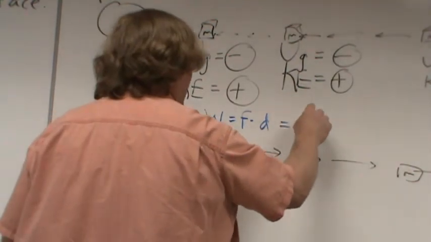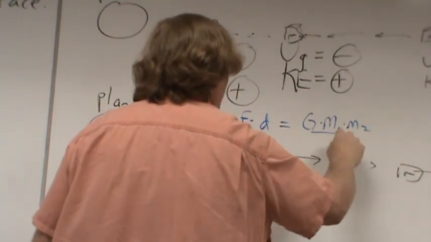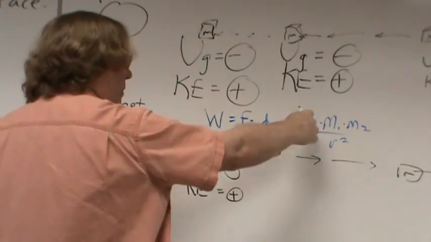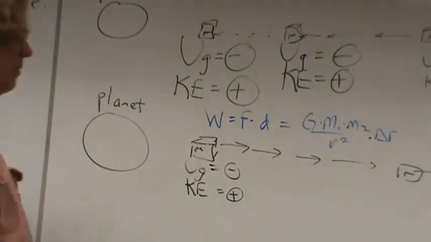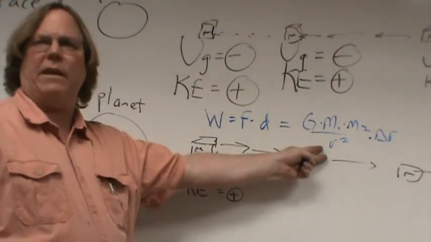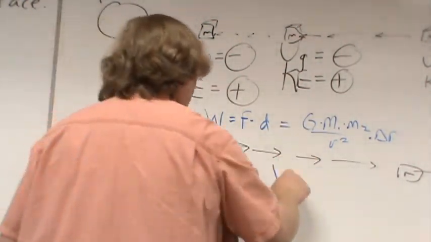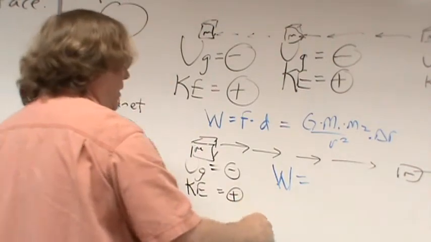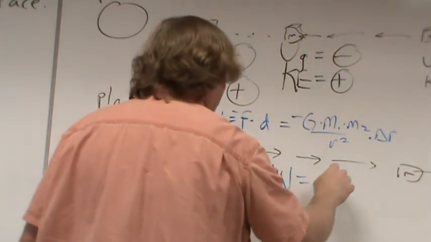So I'm going to have to say, okay, my force is G m1 m2 over r squared, and I'm going to calculate that force for some small radius, which I'll call delta r. And then when I've gone delta r, I'll recalculate that force and multiply by a new delta r, so that my work that this planet does, which by the way is negative because the force is that way and the mass is going that way.